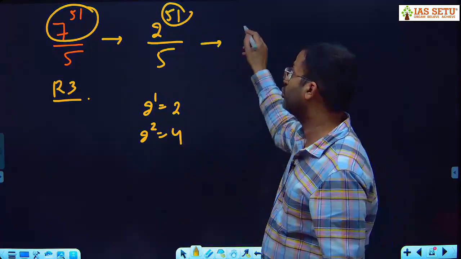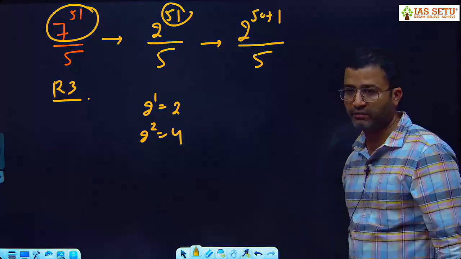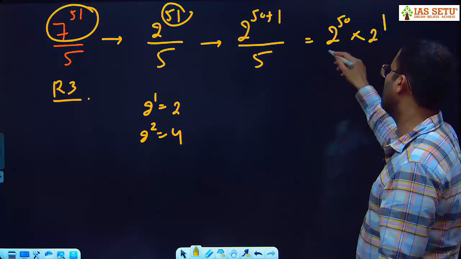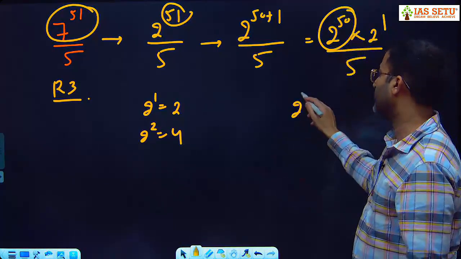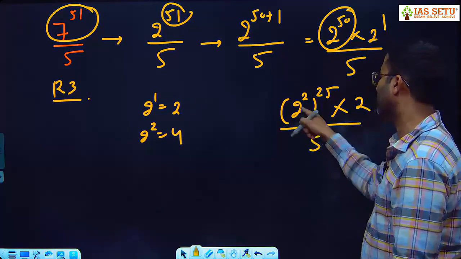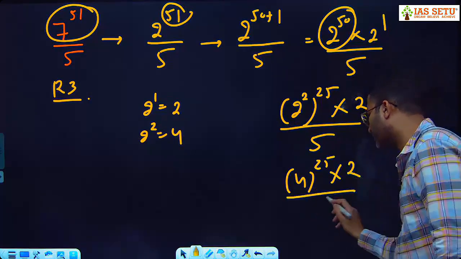So what we will do, 2 to the power 50 plus 1 divided by 5. Then it is 2 to the power 50 into 2 to the power 1 divided by 5. You can express it as 2 to the power 2 bracket 25 into 2 divided by 5. It is 4 to the power 25 into 2 divided by 5.